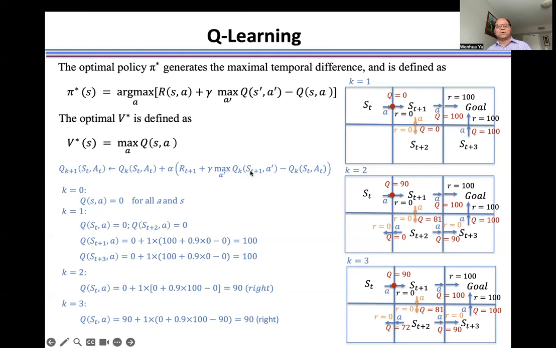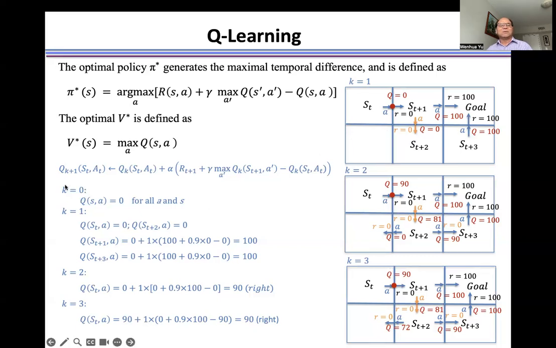We use this formula and make it an iterative method. With the iterative method, we can update the Q value step by step at each point until we get convergence. Then we have the Q distribution and can find the optimal policy.